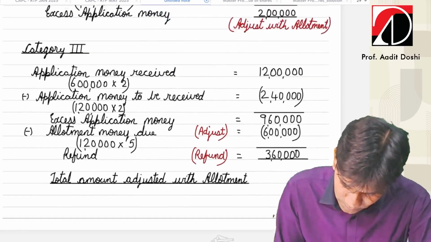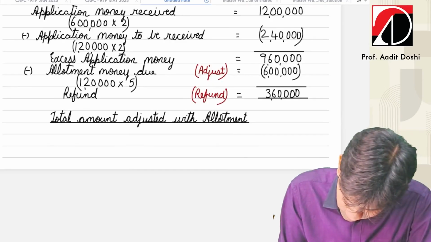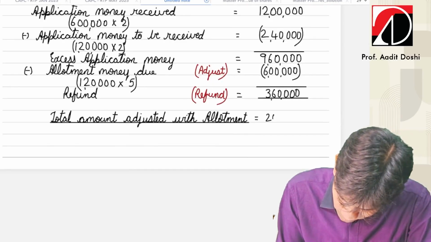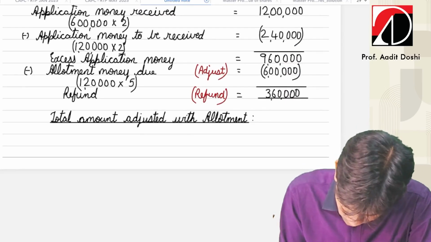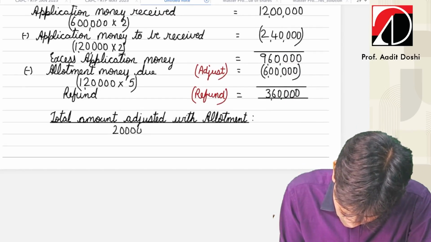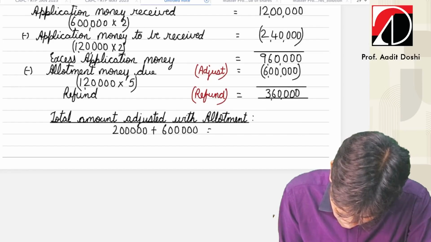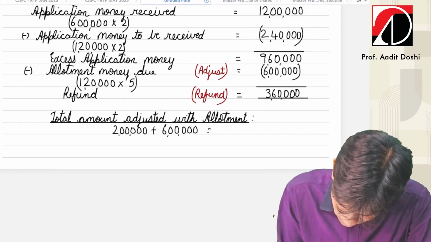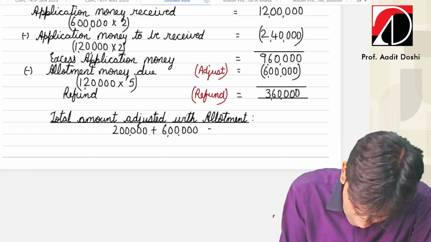That was how much? 2 lakh plus 6 lakh, which comes to 8 lakhs.